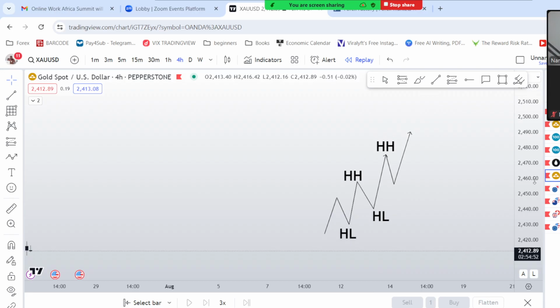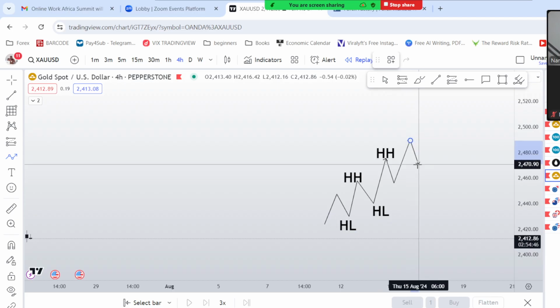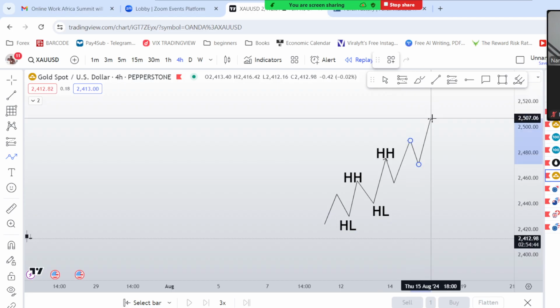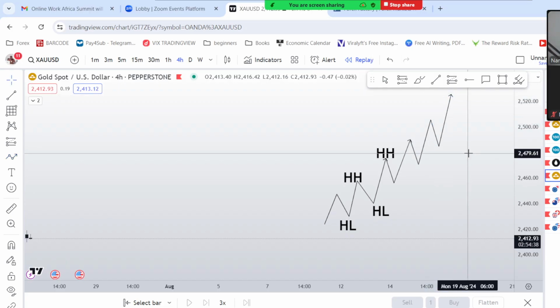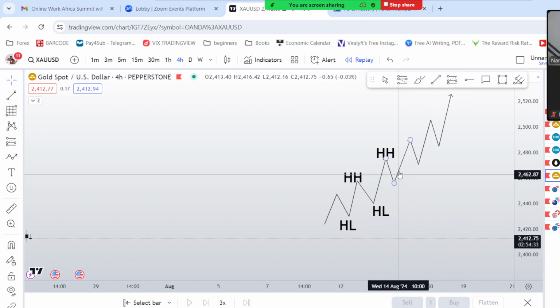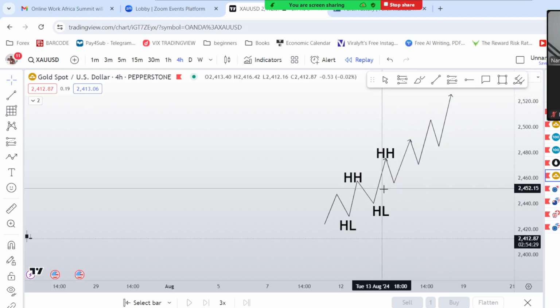As long as price keeps creating new highs, price is considered to be in an uptrend. You can see that price keeps moving, retraces a bit, keeps moving, retraces a bit.